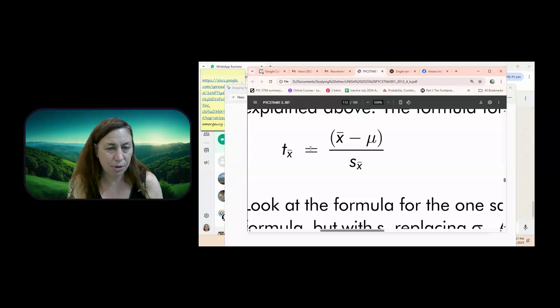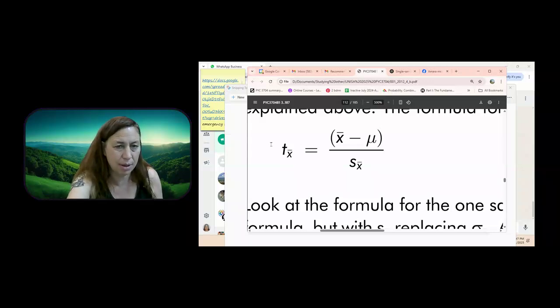So our t value is the same as the z value. It's the same numbers, it's just that here we're working with samples instead of population because we don't actually have the information for the population. So our t statistic is written in the same way as the z statistic: x bar, the mean of the sample, minus mu, the mean of the population, over our standard error.